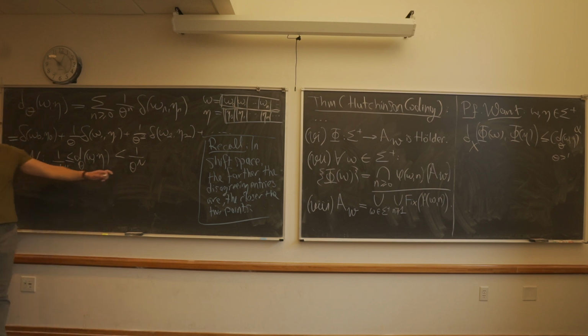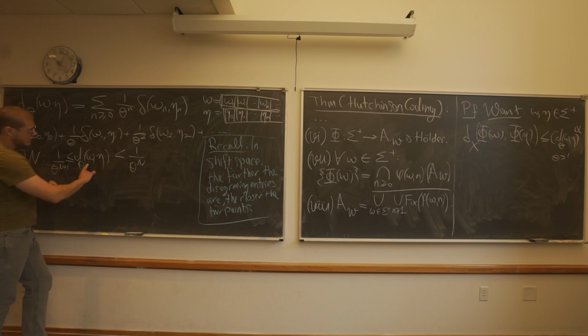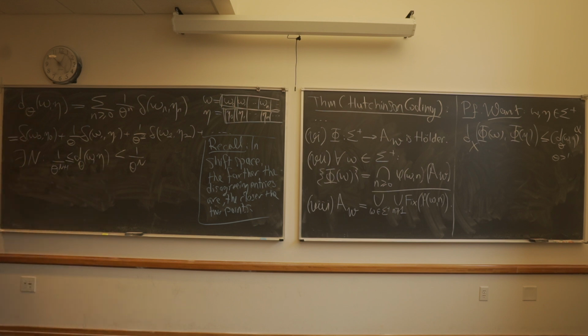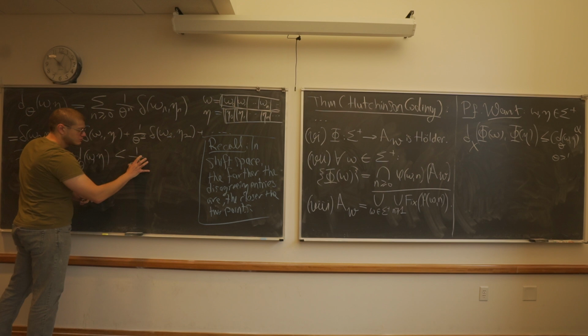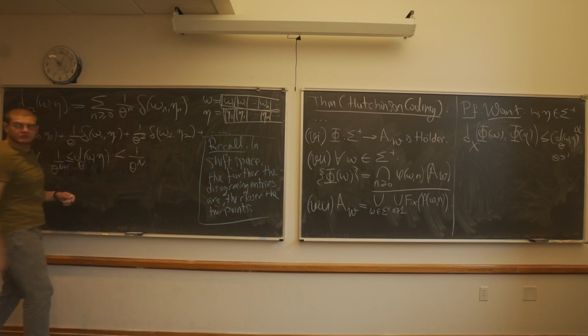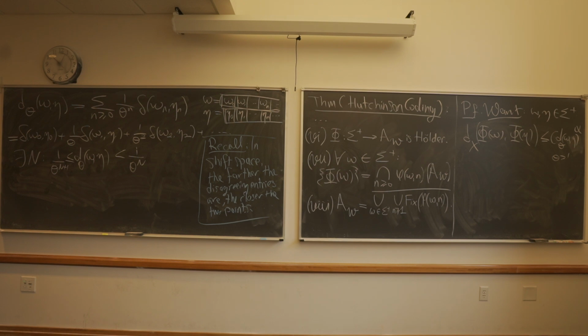So this means that omega and eta agree when you just look at the first n entries of them. Because if they didn't agree, I would have a term here that is greater than this. That's the idea. Yes? And when you're saying don't agree, that just means 2 entries at a certain point are of different values? Yeah. Exactly.